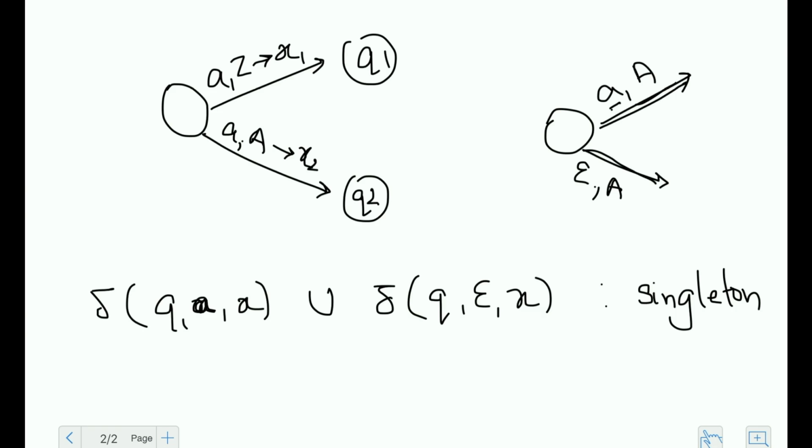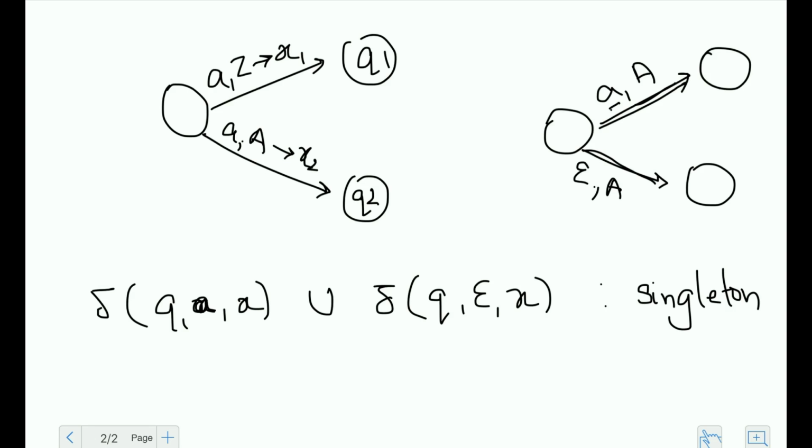Because if the stack top is capital A, I can move to either this state right here, or I could just not consume the input symbol and move here. So that is why we have this condition. So this is how we formally write the condition for a deterministic automaton.